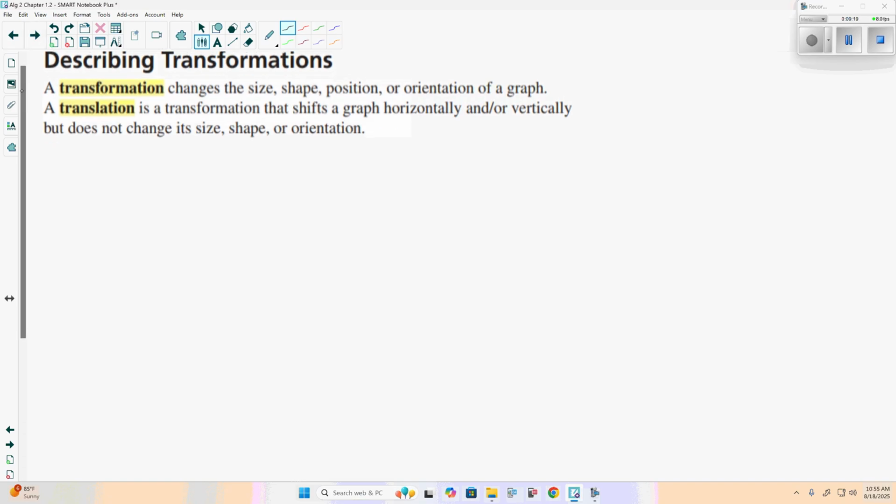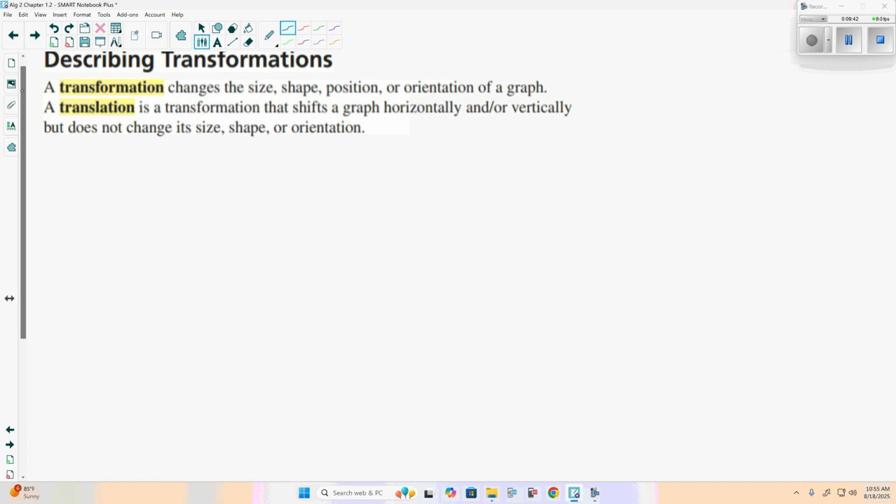Because a transformation changes the size, shape, position, or orientation of a graph. A translation shifts the graph horizontally and or vertically, but does not change its size, shape, or orientation. So literally, translation means I'm going to take it and we're just going to move it up, down, left, or right. We're just moving it across the page.